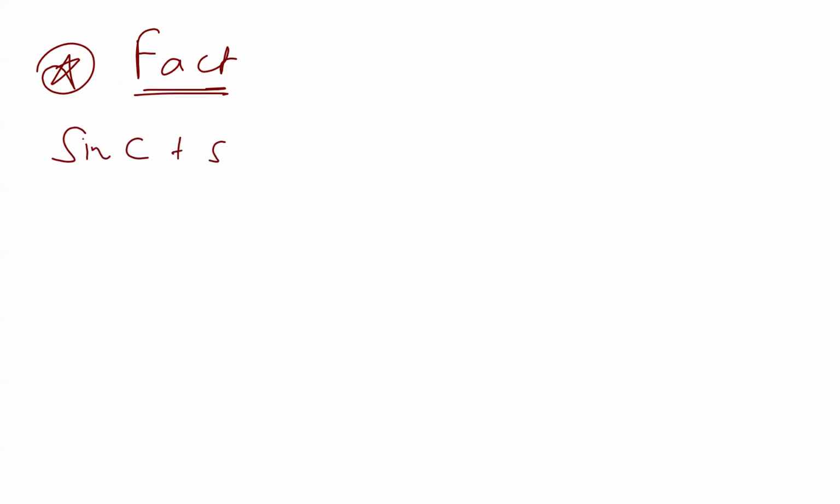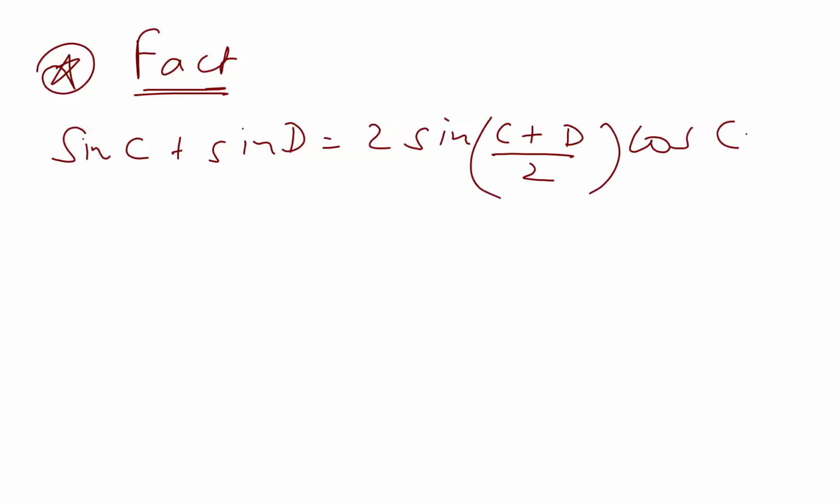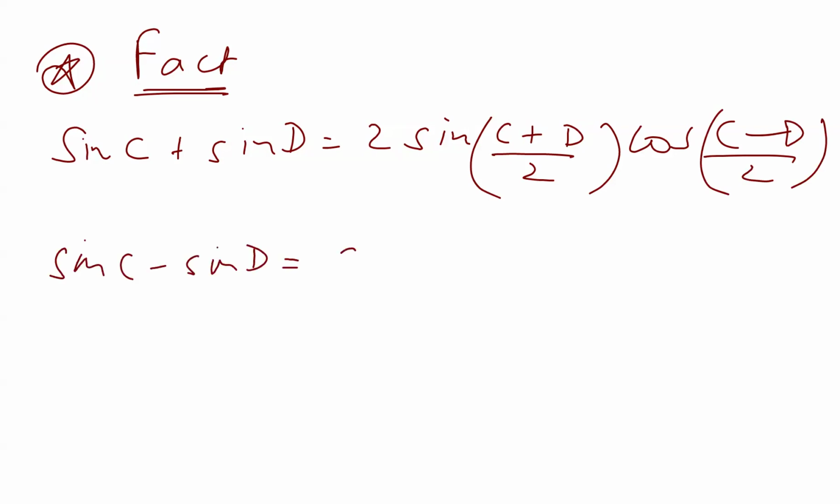Then we have factorization and defactorization formulae. So I'll just write down the factorization formulae. Sin C plus sin D is 2 sin C plus D by 2 cos C minus D by 2. Sin C minus sin D is 2 cos C plus D by 2 sin C minus D by 2.